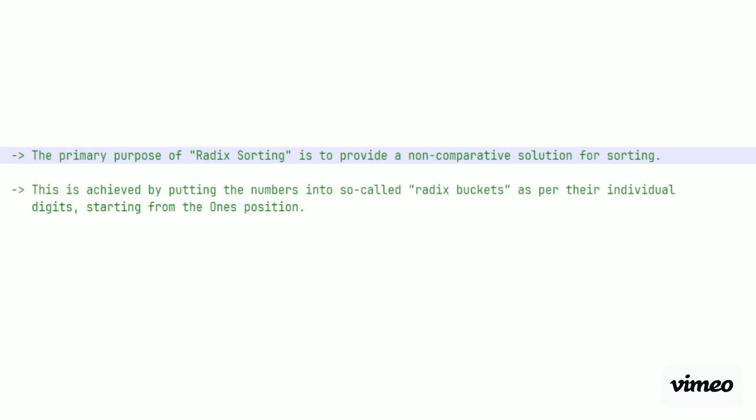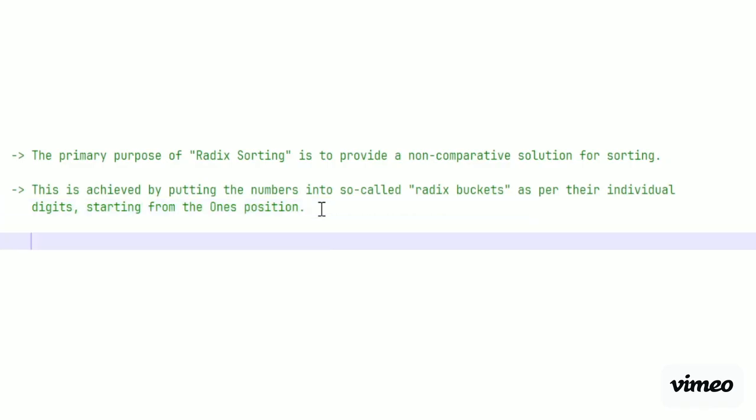So, in a nutshell, how does radix sorting achieve that? I'll show an example in a minute, but theoretically speaking, how does radix sorting achieve the goal without comparison? It is done by putting the numbers into so-called radix buckets, which are essentially containers or sets, as per their individual digits starting from the ones position.